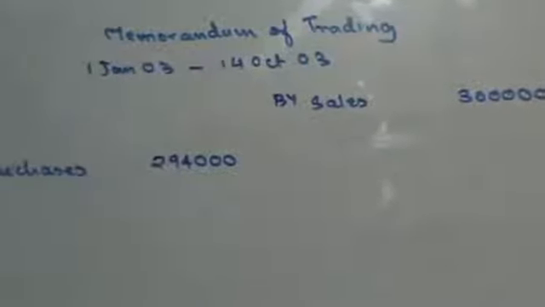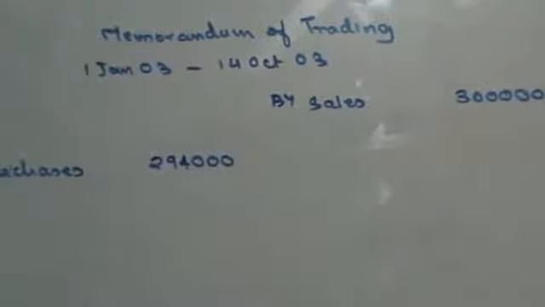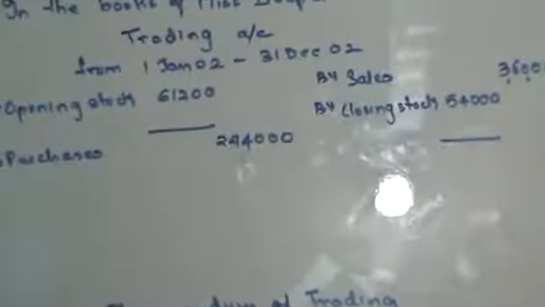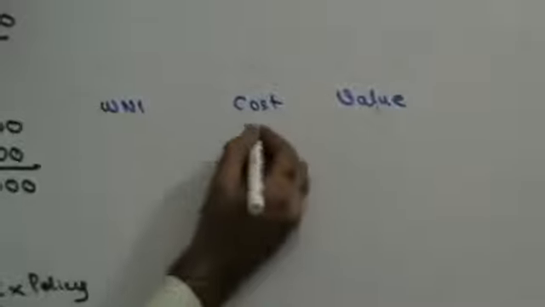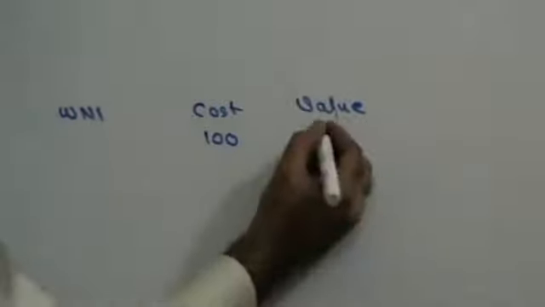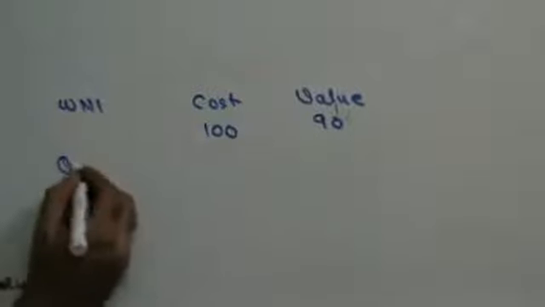Let's start. Stock is valued at 90% of cost. Let's see this working note 1. Cost value. If the cost is 100, stock is valued at 90% of cost. That means the value of the stock is going to be 90%. Let's see opening stock. They've given us the value of opening stock to be 61,200.